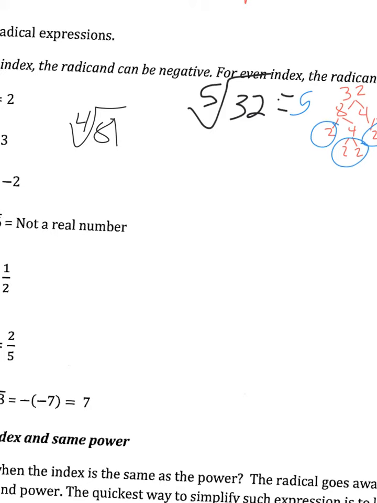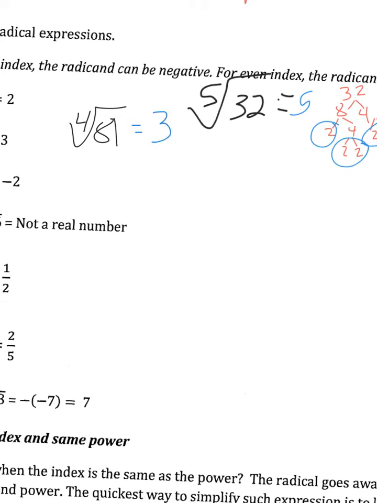Kind of a shortcut for finding the fourth root is to find a square root and then do square root again. That would be a fourth root, 2 consecutive square roots. We know the square root of 81 is 9. 9 times 9 is 81. But then the square root of 9 is 3. So the fourth root of 81 is 3.